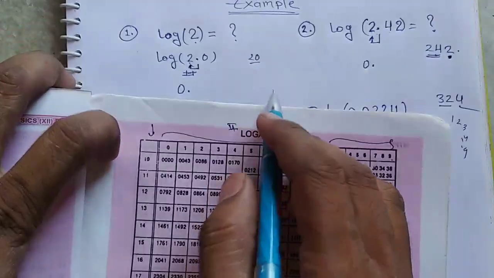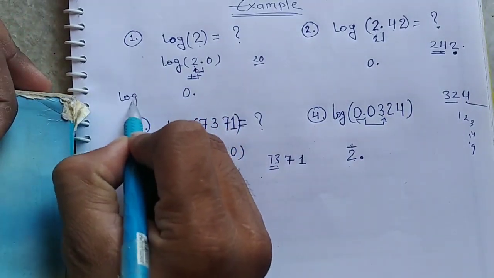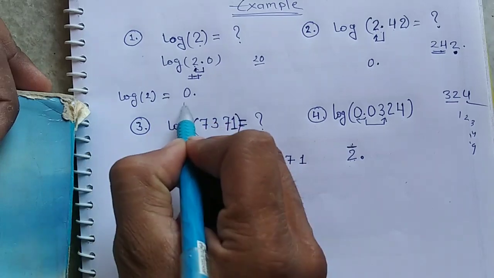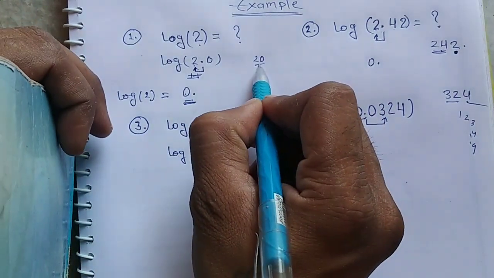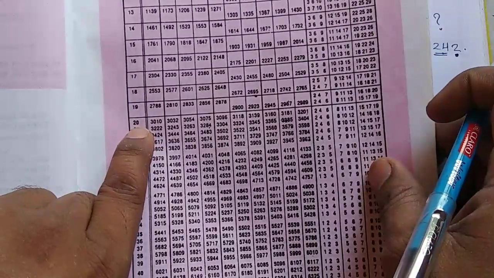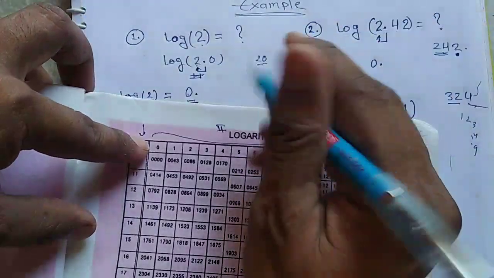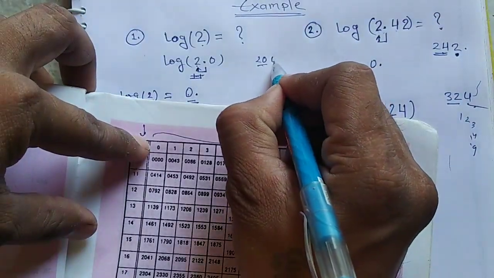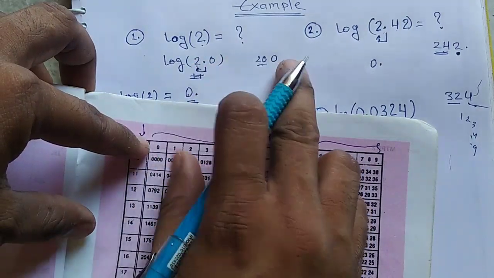Now if we find the log of 2, we get the characteristic 0, and the pair will be read as 20. So go and look through the first column for 20, and in the second column there is no digit, so we can place 0 over here, because it is after the decimal.